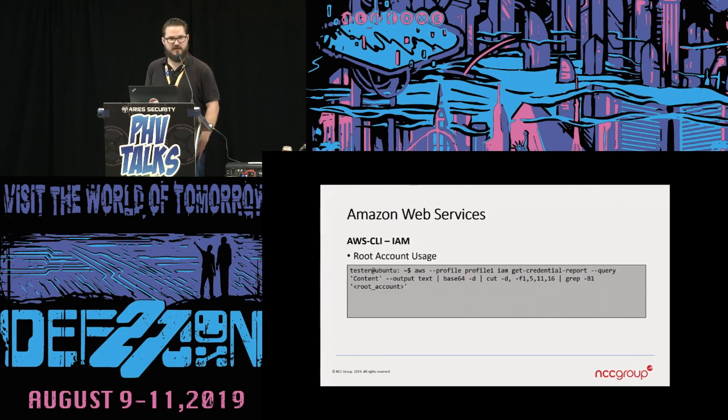Next thing that we want to look at is root account usage. So root account in AWS is all powerful. We don't like to see that account used habitually for administrative functions. We like to see an IAM role created for any of the permissions that you want an admin user to perform.